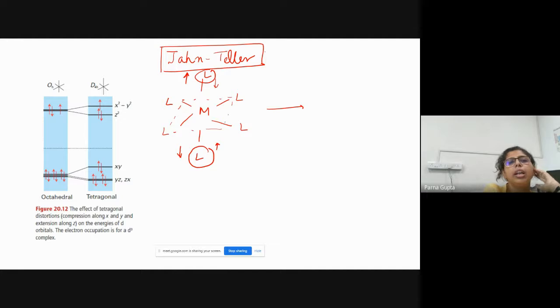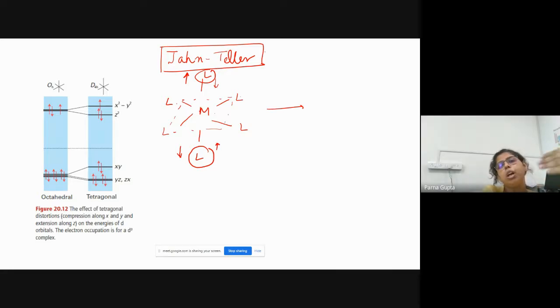It happens that in terms of symmetry, the symmetry is lowered, right? Because in that case, for M to L, these four bond lengths are not the same as these two bond lengths, which must be the case for a perfectly octahedral structure.